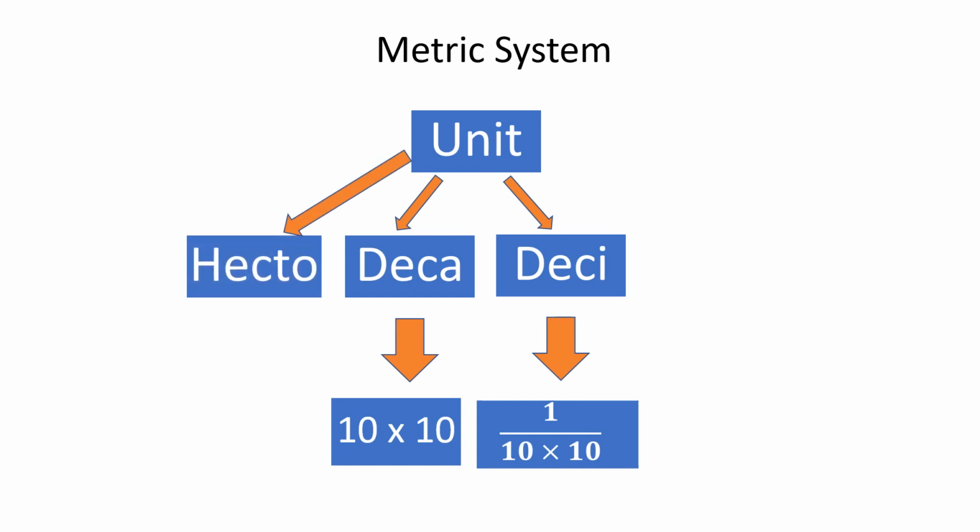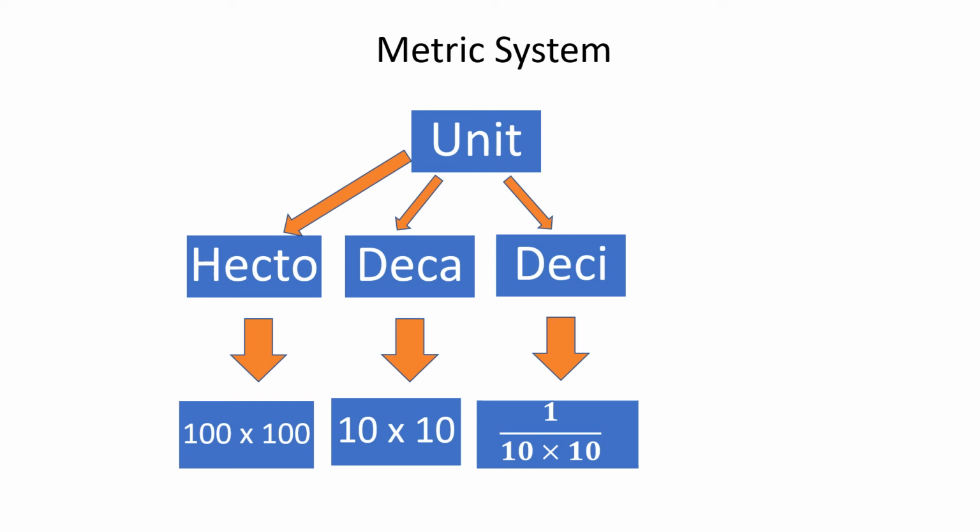So in terms of unit to hecto, square hectometers, you need to multiply not by 100 but by 100 times 100, as you are dealing with area-related units. This means that if you have 1 square meter and you want to go to square hectometer, you need to multiply your unit by 100 times 100. That means 10,000 square meters is actually 1 square hectometer.